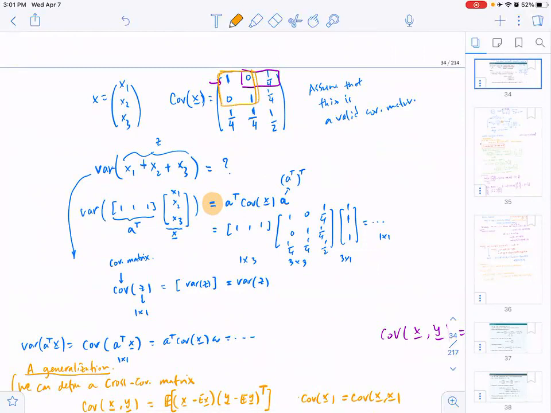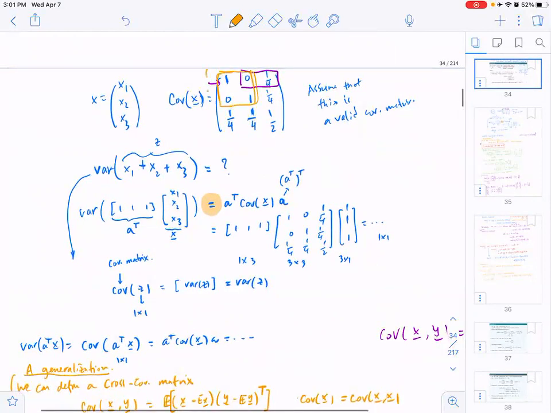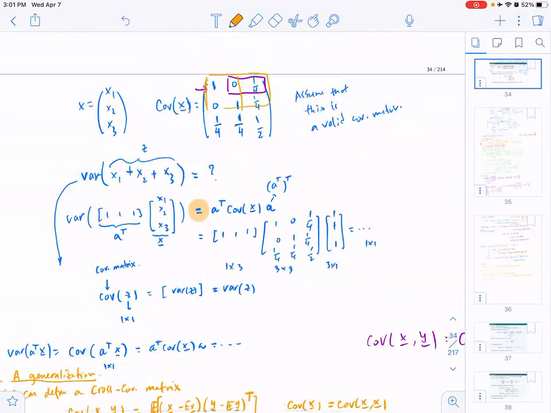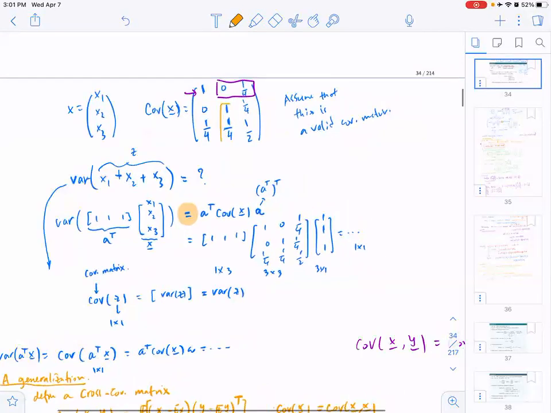Principal submatrices are submatrices constructed on the same indices for columns and rows. So if I take 1 and 2 and 1 and 2 here, this is a principal submatrix. This is not a principal submatrix because the indices of rows and columns are different. This is a principal submatrix. This one is also a principal submatrix. And the entire matrix is a principal submatrix. And these individual coordinates are principal submatrices.